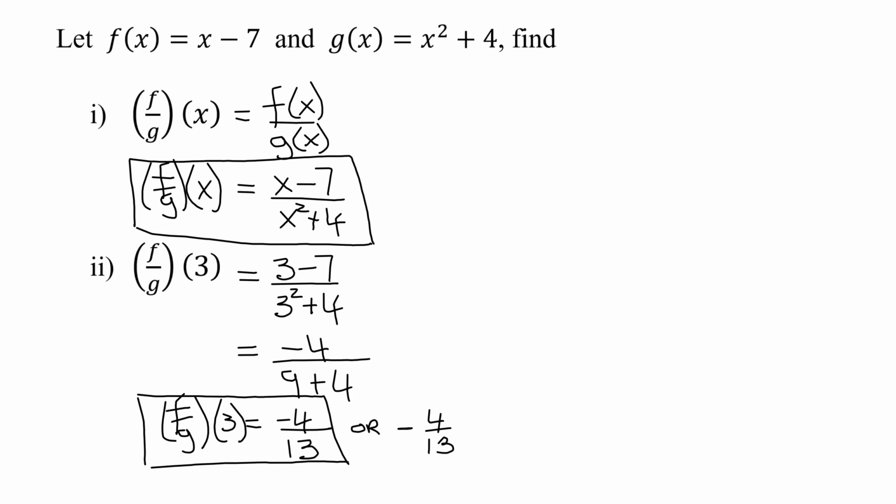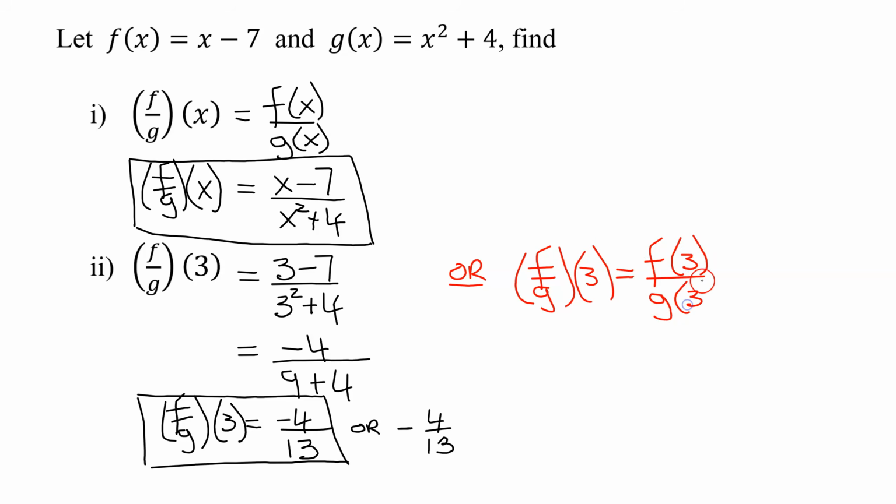And there's one other thing I want to point out to you. If I'd have been asked to find the quotient function f divided by g of 3 without having to do the first part, what I could have done is said the quotient function, f divided by g evaluated at 3, is f of 3 divided by g of 3.